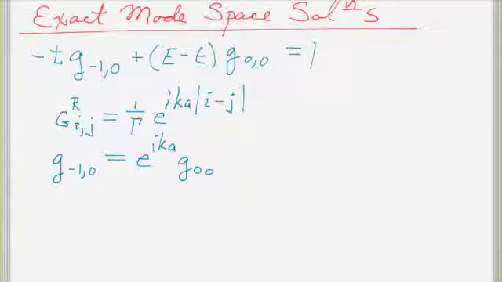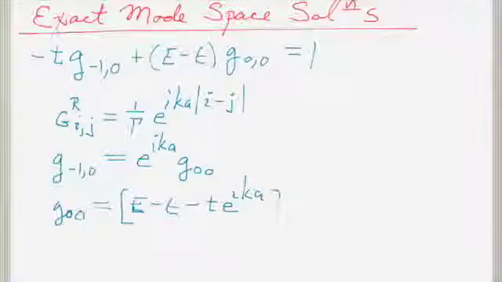Once I write down that, I've truncated the equation up above, and I have G 0, 0 is equal to E minus epsilon minus T e to the I Ka, inverse.